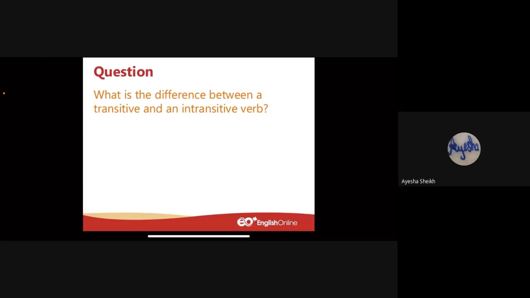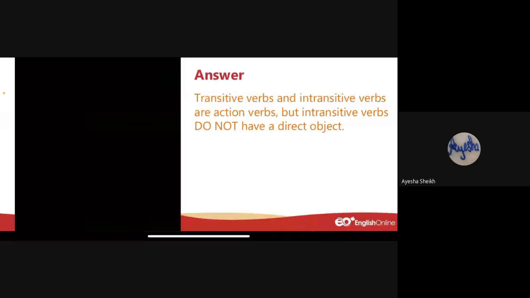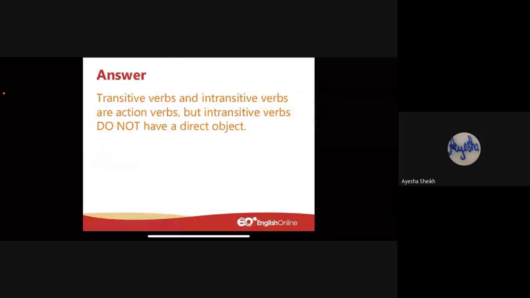What is the difference between a transitive and an intransitive verb? The transitive verbs and intransitive verbs are action verbs, but intransitive verbs do not have a direct object.